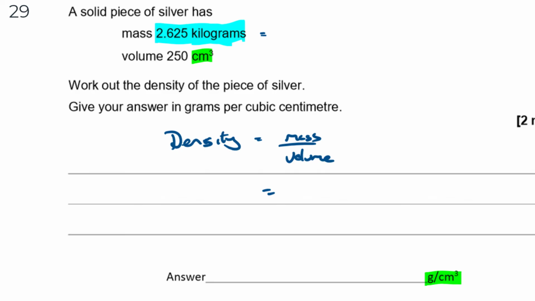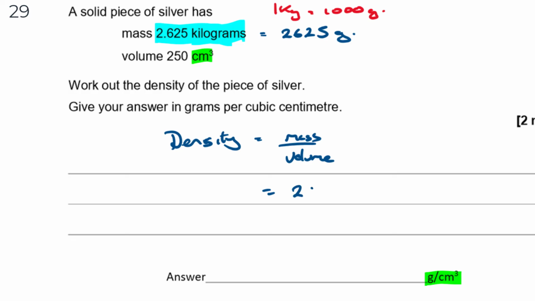Now there are 1,000 grams in 1 kilogram, aren't there? So 1 kg equals 1,000 grams. If I multiply 2.625 by 1,000, I will convert it from kilograms into grams. So that is 2,625 grams. Okay, so then sub my newly converted mass into the formula.